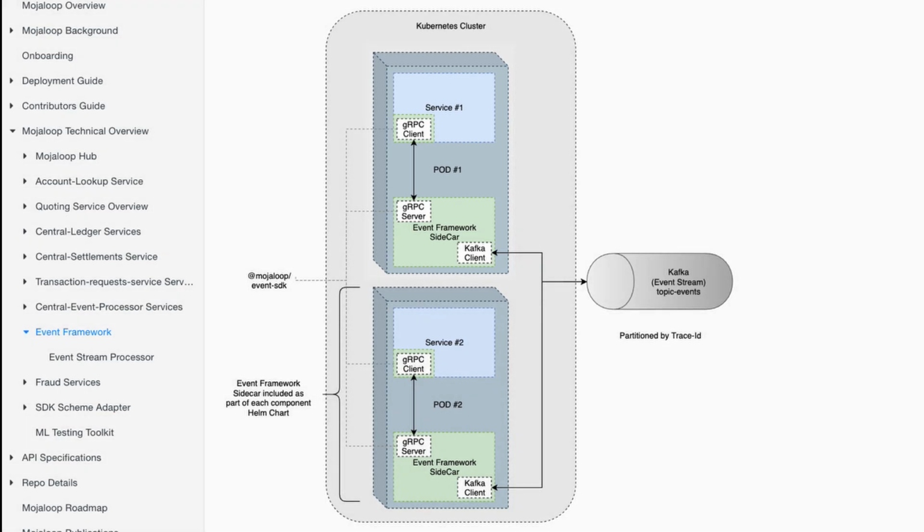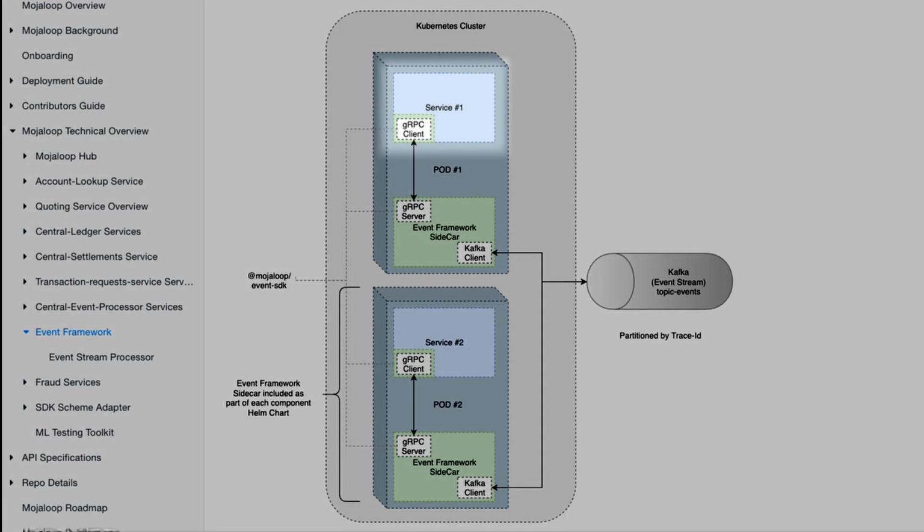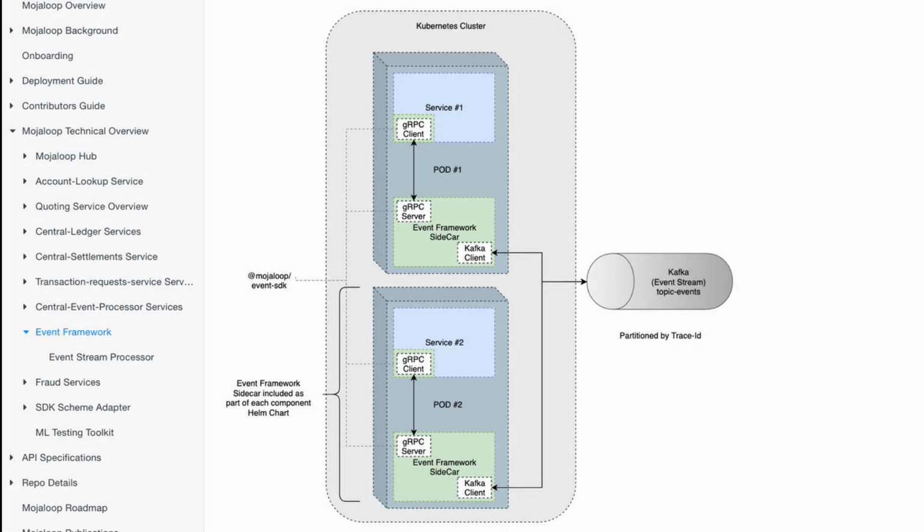In this case, we have the service itself that's represented here. That could be, for example, the ML API adapter, and below that, we have the event framework sidecar. Those are tightly coupled together in Kubernetes, what's known as a pod, which is a single unit of deployment. That guarantees that the sidecar and the actual service are always deployed in the same machine.